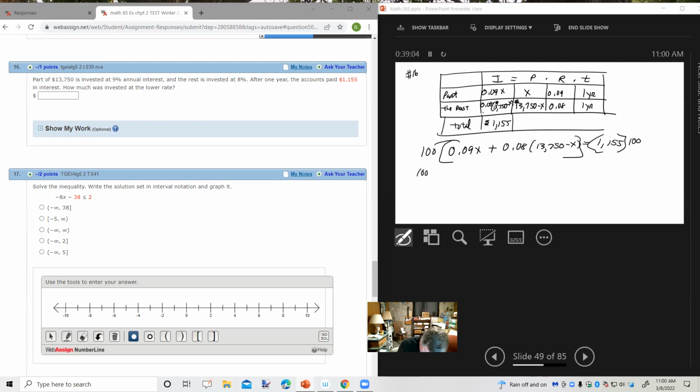So I've got 100 times 0.09x plus 100 times 0.08 times (13,750 minus x) equals 1,155 times 100. 100 times 0.09x would be 9x. 100 times 0.08 would be 8, so I get 8 times that. And over here, 115,500.